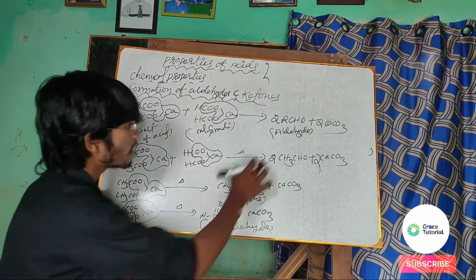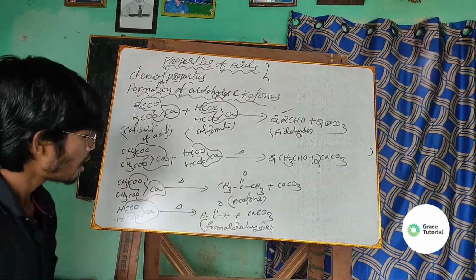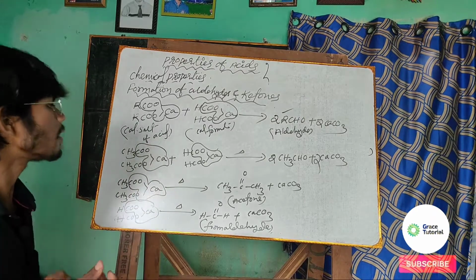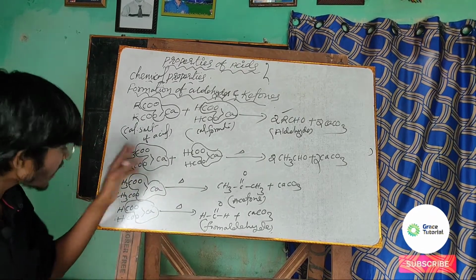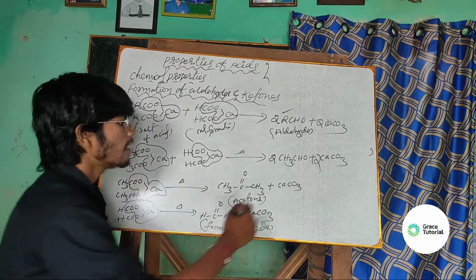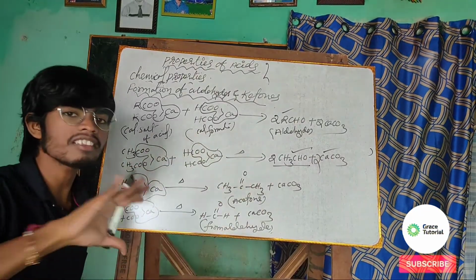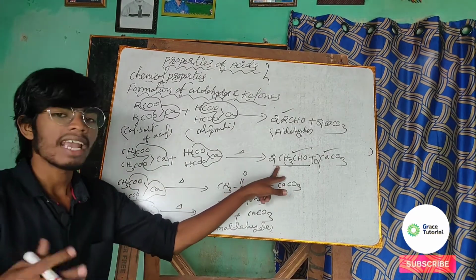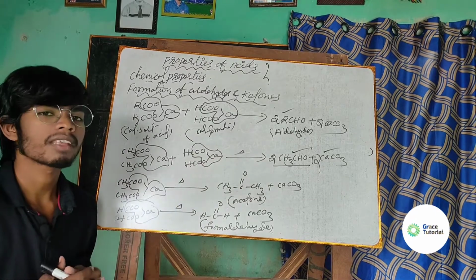Then what remains is 2RCHO, that is, aldehyde is obtained. If a mixture of calcium acetate and calcium formate is heated, then acetaldehyde results. Of course, the calcium carbonate is removed, but the product here is acetaldehyde.